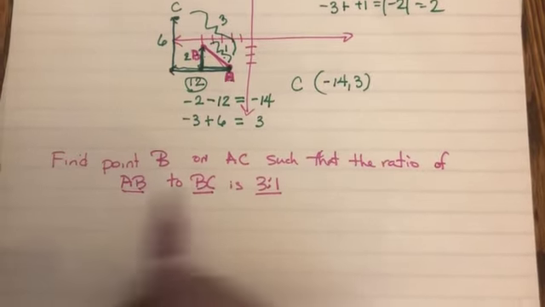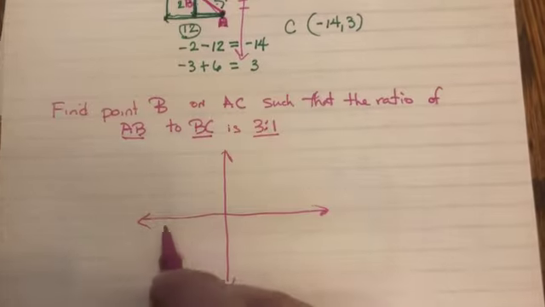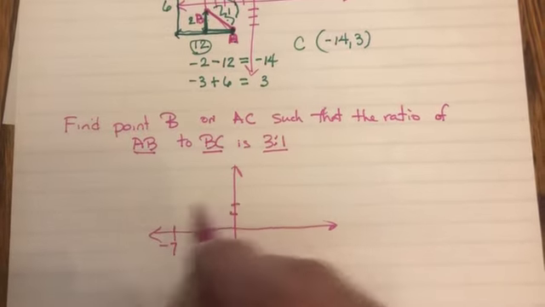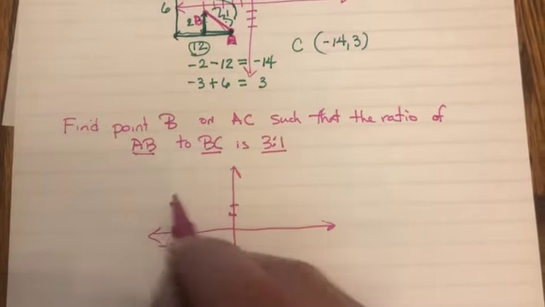So let's get our graph here real quick. A is at -7, +2. And C is at 3, -2. So here's the segment length I'm working with.